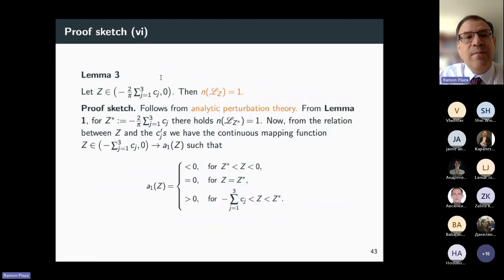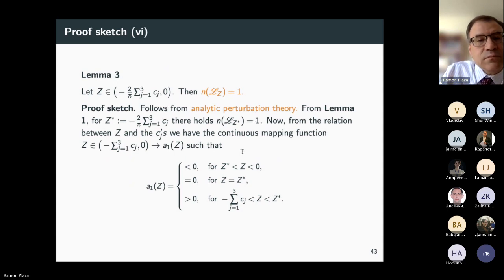The third lemma is actually the same result, but in the rest of the domain of Z. So you have the same result, that the index is equal to 1, for Z strictly greater than minus 2 over pi times the sum of the speeds. And this result, excuse me, follows from analytic perturbation theory. So from lemma 1, you actually have that if you name Z star as this threshold value, then the index is equal to 1.